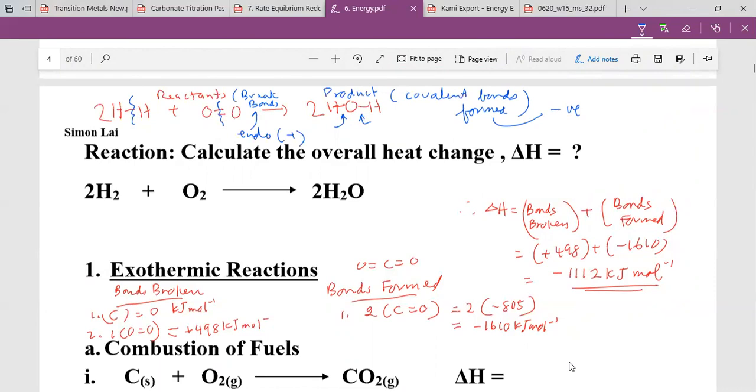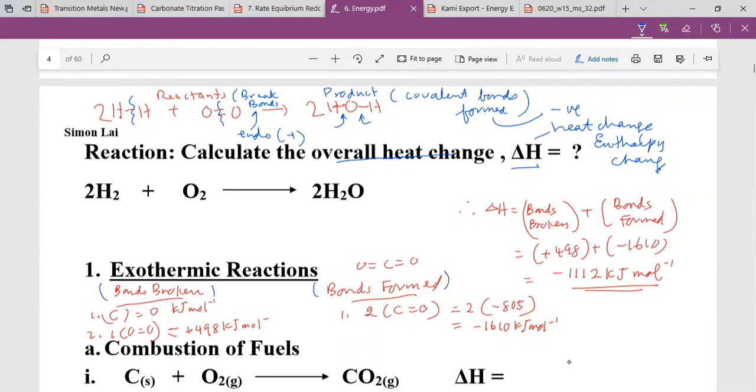Right? So how do you find the overall heat change, or they call it the enthalpy change? Enthalpy is a very big word, but it just means H. Okay, so you first of all do it by a very simple method called bonds broken and then bonds formed.